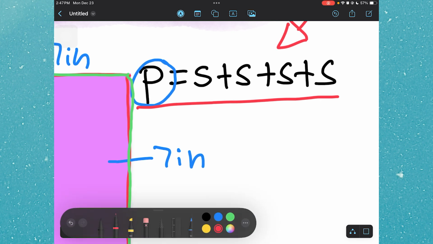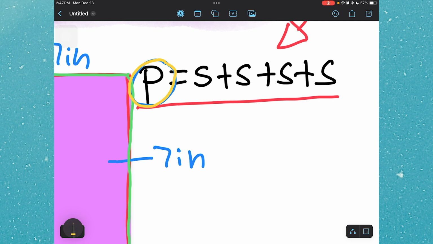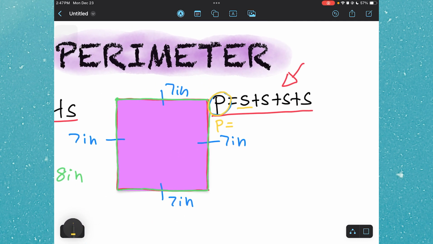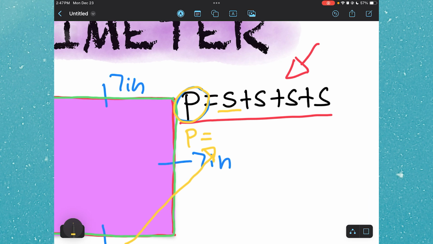So first, let's figure out what the P stands for. The P stands for perimeter. So I'm going to write that right here. P equals S. Now, what do you guys think S stands for? Well, when we look at the square, the S stands for side. We need to put how long this side is into the formula. We need to plug it in. So we're going to get the 7 and plug it in.